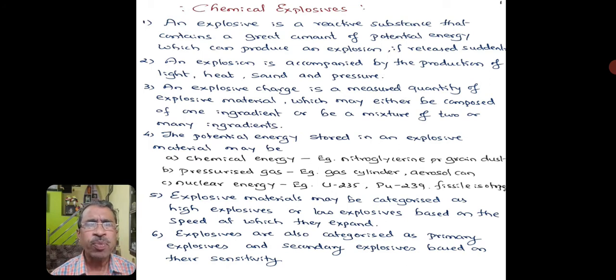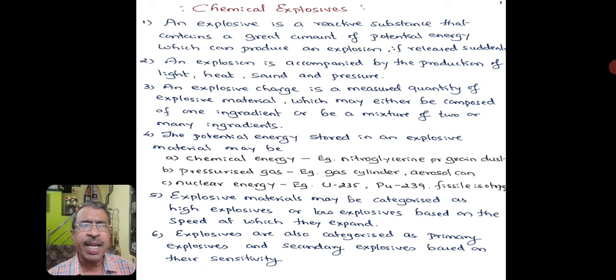It means the explosive material may contain only one type of material, or it may contain a mixture of many ingredients. The potential energy stored in an explosive material may be chemical energy, a pressurized gas, or nuclear energy.